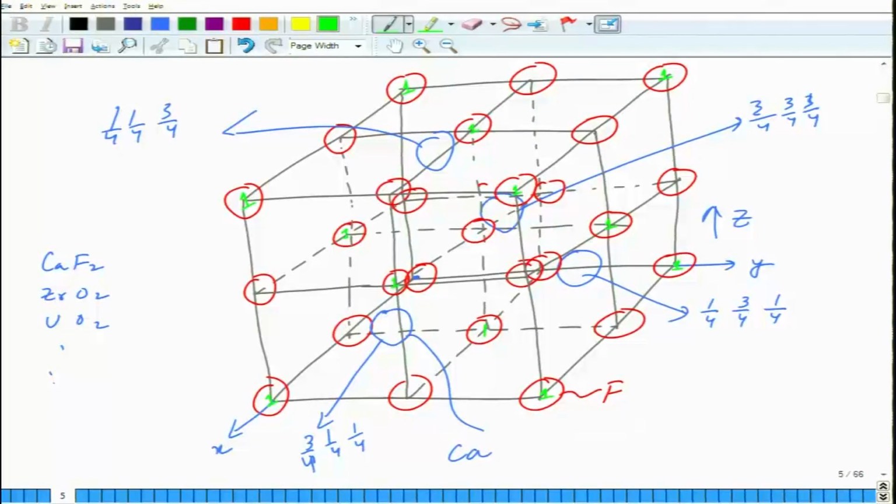Where is the second lattice of fluorine? Second lattice of fluorine is this, shifted by not 1/4, half 0 0 vector, right. So, this was the corner one, so you can figure out yourself, right. This is 1.